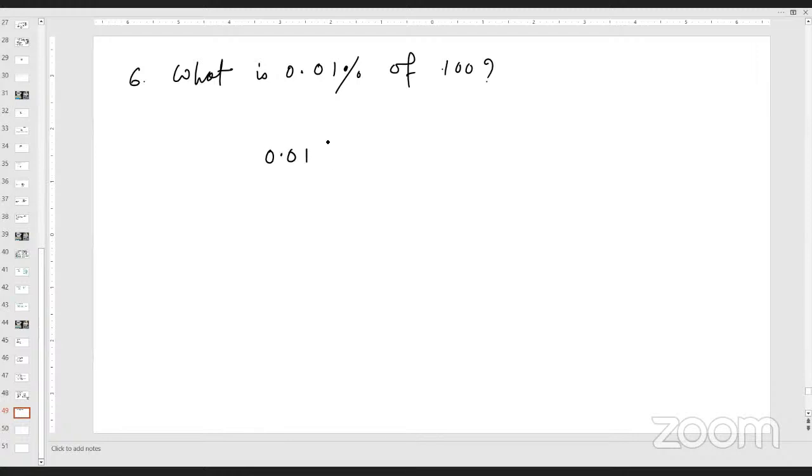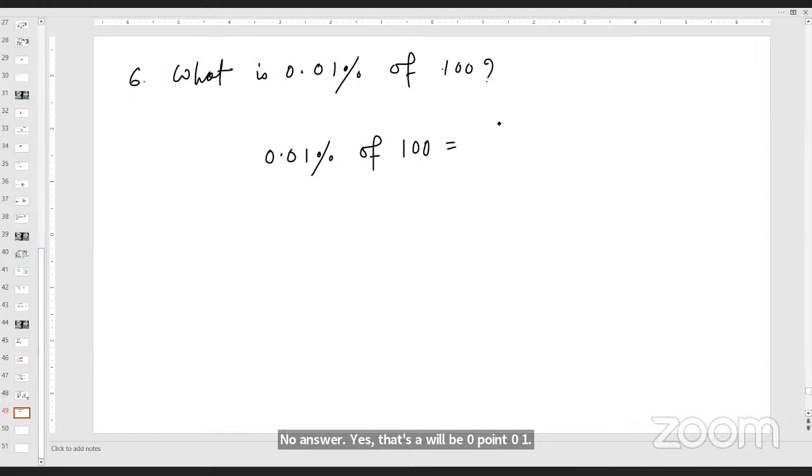The answer? Yes, sir. The answer will be 0.01. That's absolutely true. If you go for 0.01 divided by 100, multiplied by 100, the answer remains 0.01.